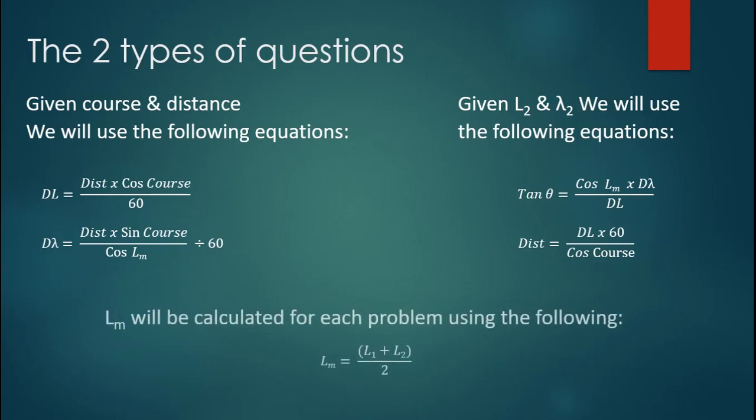And to calculate mid-latitude, it's simply L1 plus L2 divided by 2. And you will use this little equation in every question, just the average, L1 plus L2 divided by 2.